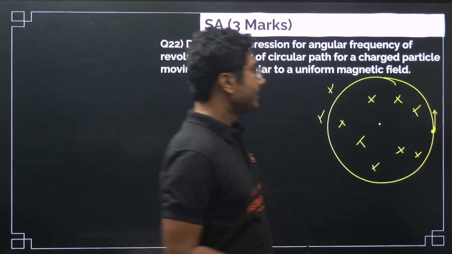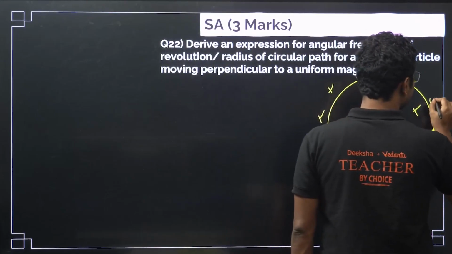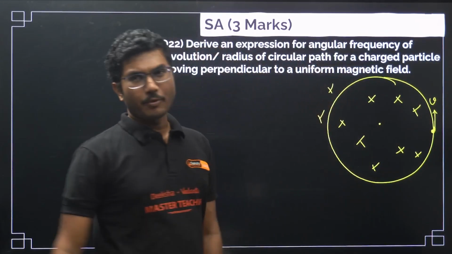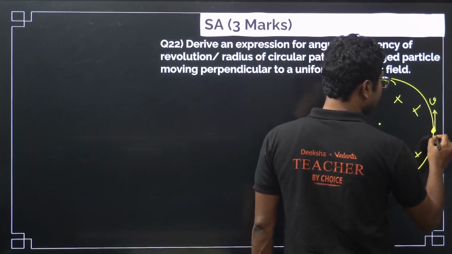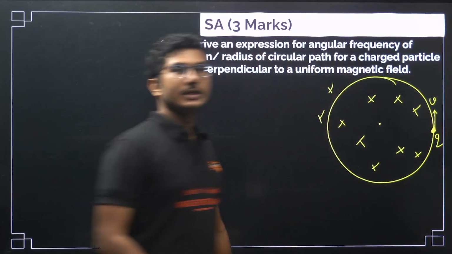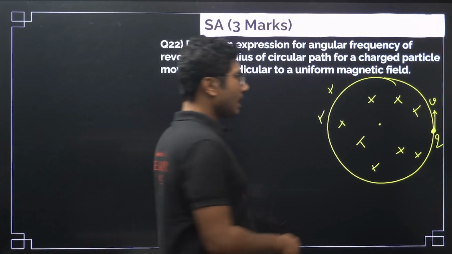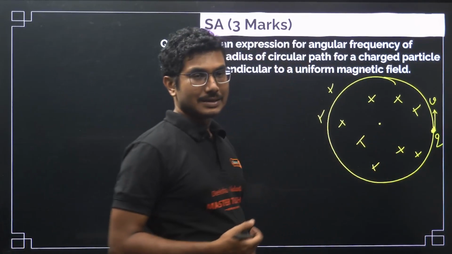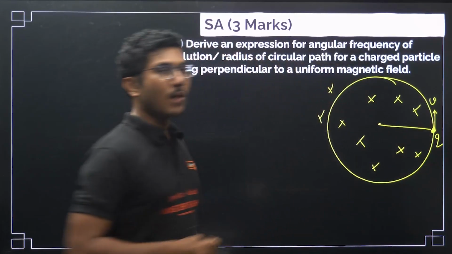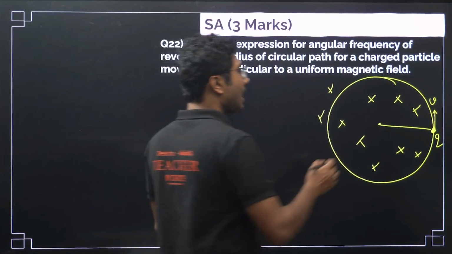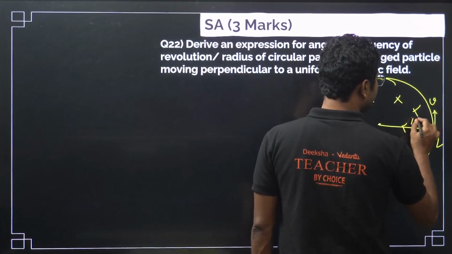Now, suppose at some point its speed is v, and the charge which is rotating is given by q. Now, what will happen in this case? If it is rotating in a circular path, there has to be one force acting on it, and that force is called the centripetal force Fc.